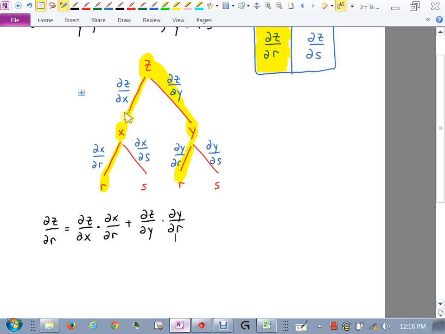Coming down this branch, those two multiplied, plus down this branch, those two multiplied. That's your partial derivative. And then we could do the same thing for the other one, right? But now we would start at z, come down and over, and then over here we come down and go this way, and that would be this one.